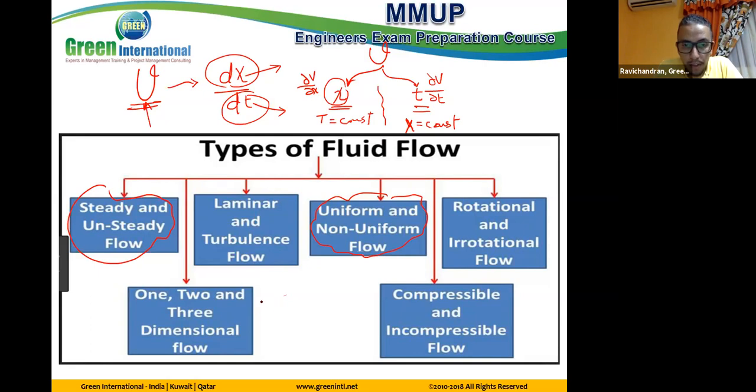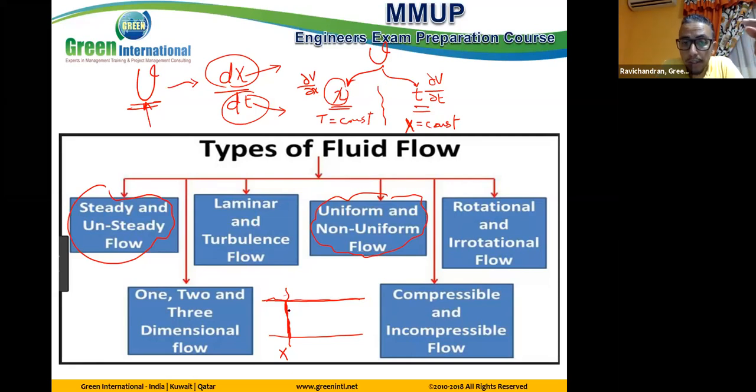If I study the flow, for example, inside a pipe at a certain position x, then x is constant, because I study the flow at this position. So in this case we study at x equal constant. It means you study the velocity with time. I just check the velocity here with time.